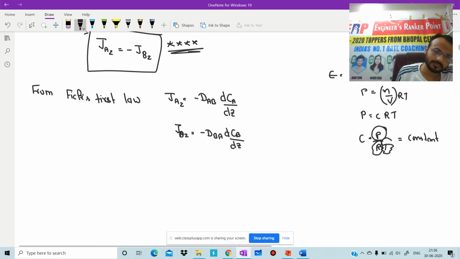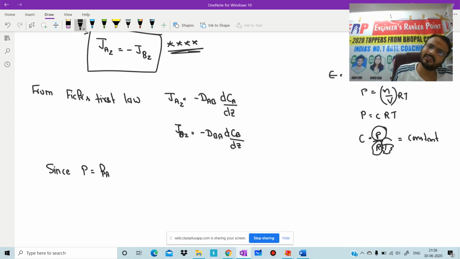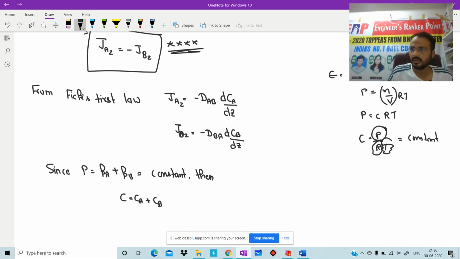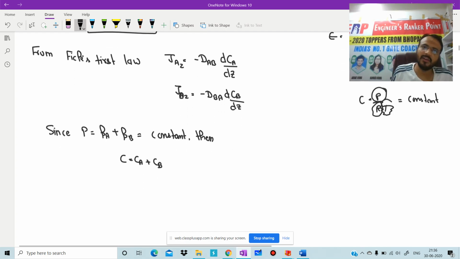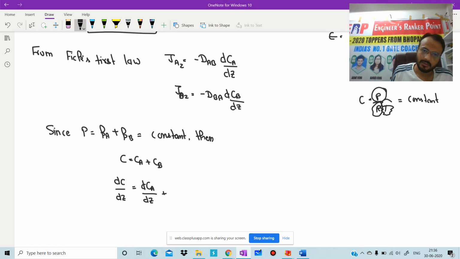Then we can also write, since P is equal to PA plus PB, that is a constant. If this is constant, then what will happen next? Then C is equal to CA plus CB. We can differentiate both sides. What will we get? dC by dZ is equal to dCA by dZ plus dCB by dZ. Each and every step should be clear.